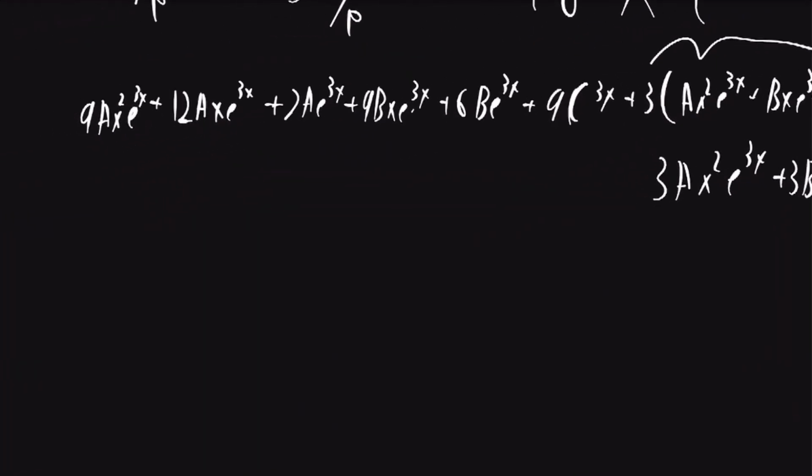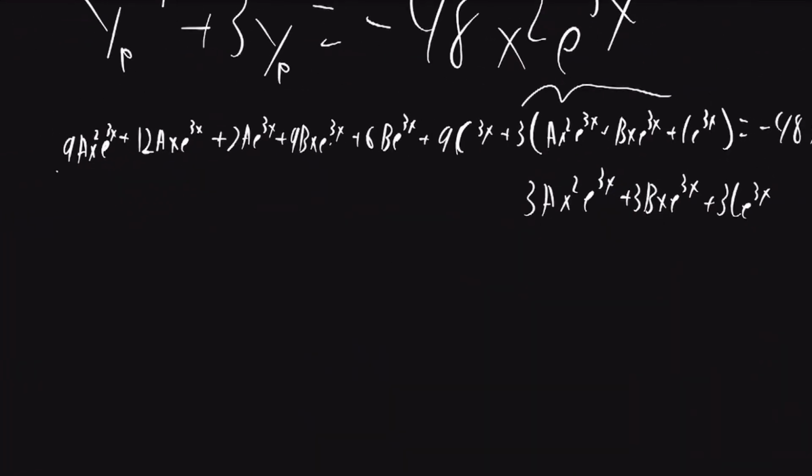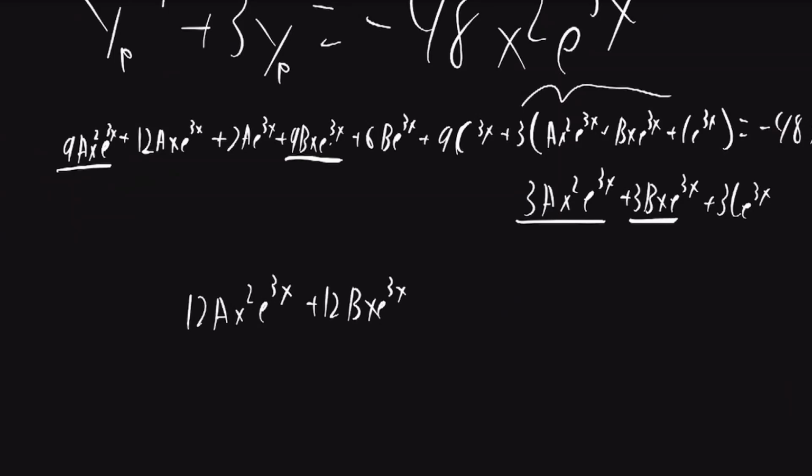We'll be able to combine some of these terms. We have a 9ax squared e to the 3x and a 3ax squared e to the 3x. So this will become 12ax squared e to the 3x. We also have this 9bx e to the 3x and this 3bx e to the 3x, which will become 12bx e to the 3x. And we also have 3c e to the 3x and a 9c e to the 3x.